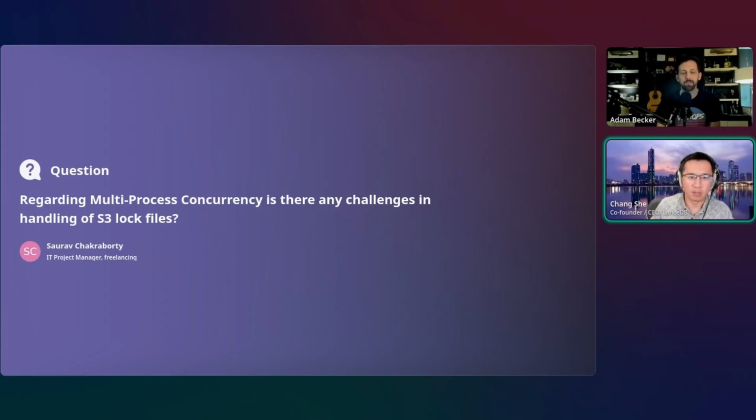That way, if your S3 bandwidth limit is like 100 gigabytes per second, you can stripe that 10 petabyte table across 10 different buckets or 5 different buckets, and you can get a lot higher bandwidth out of that. That's the biggest problem.